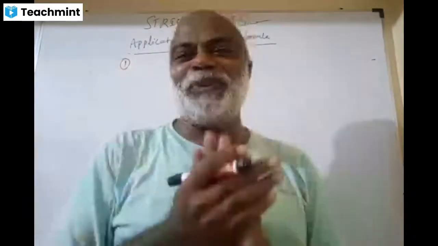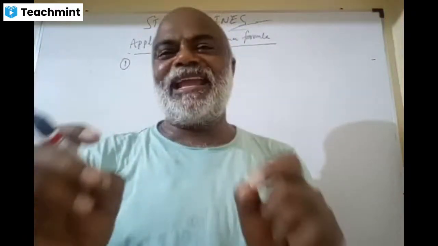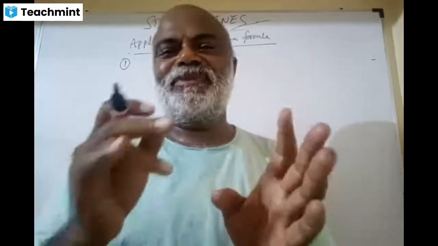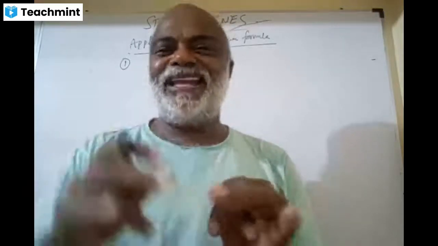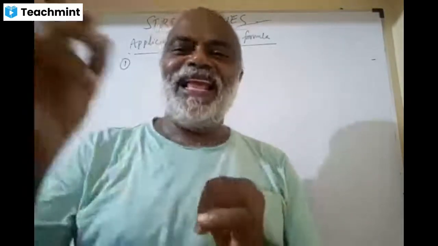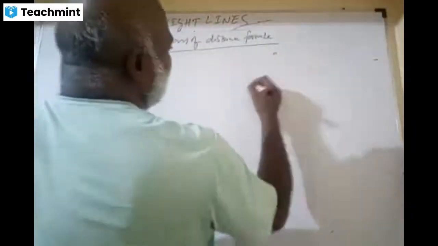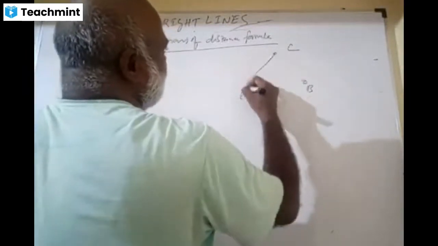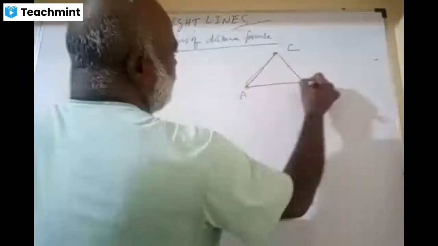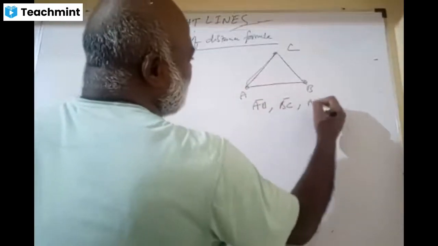Fantastic, okay? Number 1. Number 2. To say whether the given triangle is equilateral, isosceles, scalene, or right angle triangle, isosceles right angle triangle. So see friends, if I take 3 points A, B, C like this, I can find AB, BC and AC.